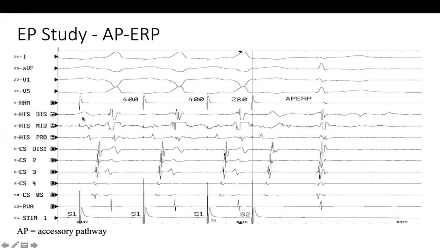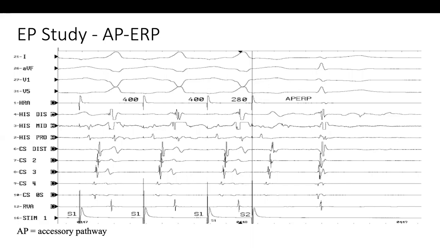Now let us start from the beginning. We are pacing the atrium, S1, S1, S1, preceded by a few beats before, but let's just say S1, S1, S1, S2. Why are you pacing the S2?